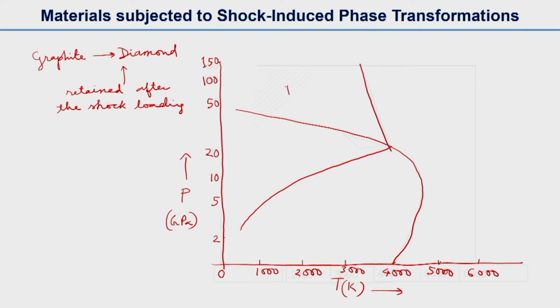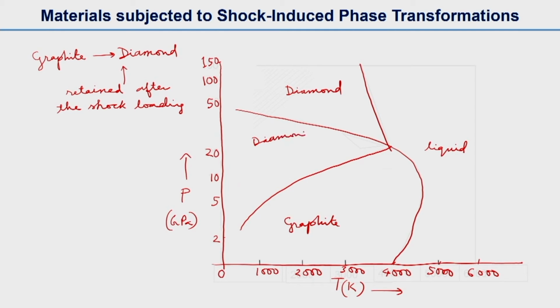Here at high pressure we have diamond as the stable state, and in this region we have graphite at low pressure, and then at high temperature we will find it as liquid state.